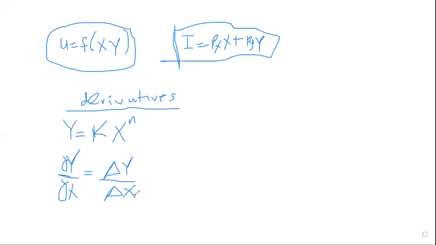So mathematically, the derivative of y with respect to x is referred to as dy dx, or the change in y over change in x. Now, how do we obtain that? This is the rule.